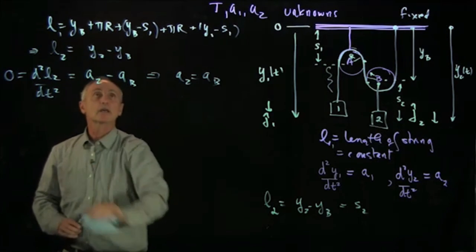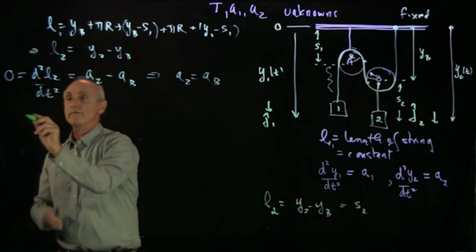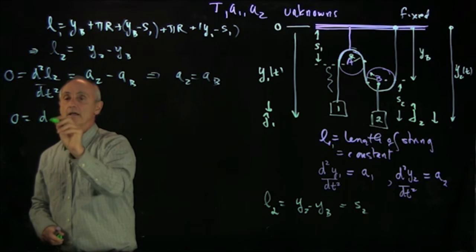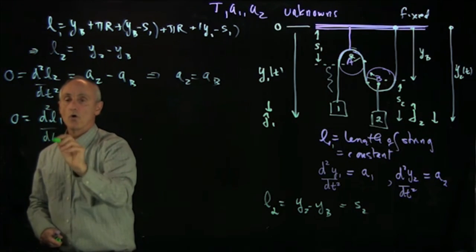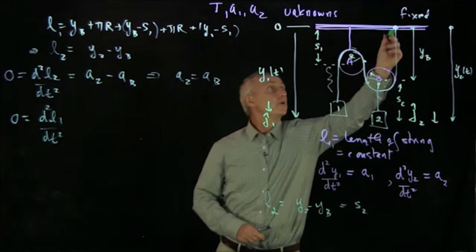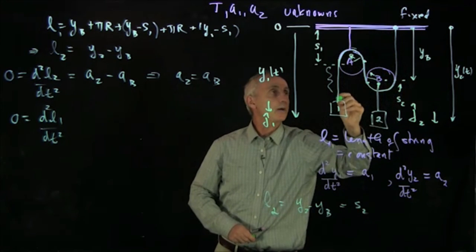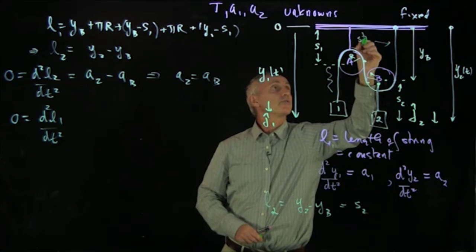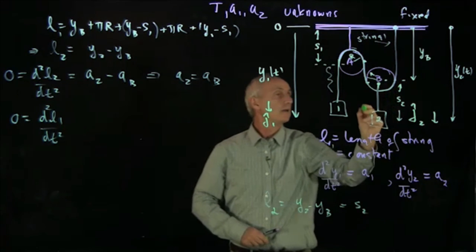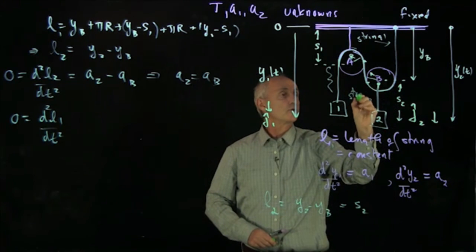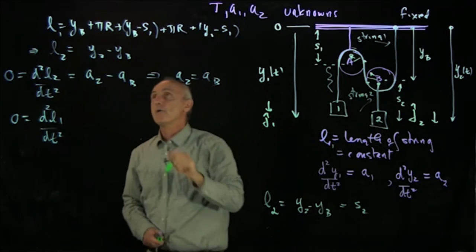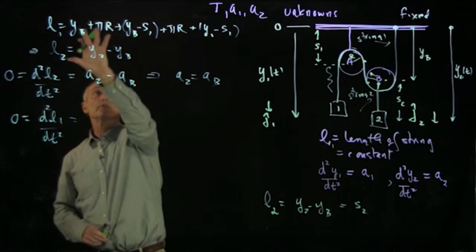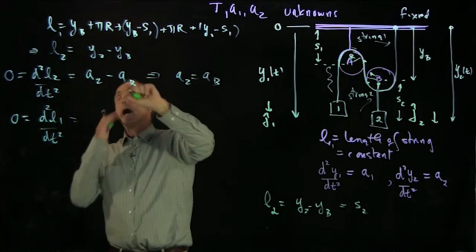Now let's consider taking two derivatives of the length of string 1. Recall string 1 is this object here. We'll call this string 1 and this string 2. Let's look at our expression first.